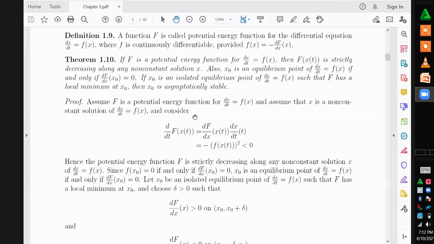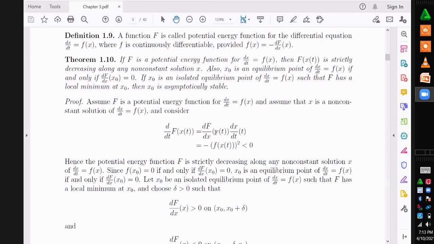Well, see the proof of this theorem. Assume that F is a potential energy function for dx by dt is f of x, and consider x to be a non-constant solution of this differential equation. Then d by dt of F of x of t, just differentiate this with respect to t. So use the chain rule. This is dF by dx of x of t into dx by dt.